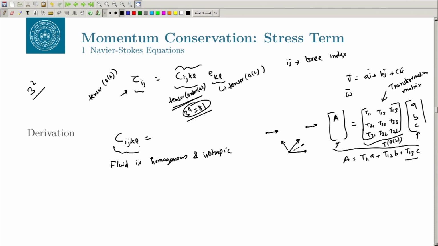Before we go there, we are basically trying to find a scalar from this C_ijkl, because we want to reduce these 81 unknowns.